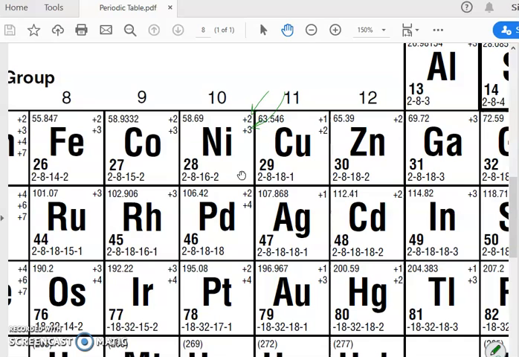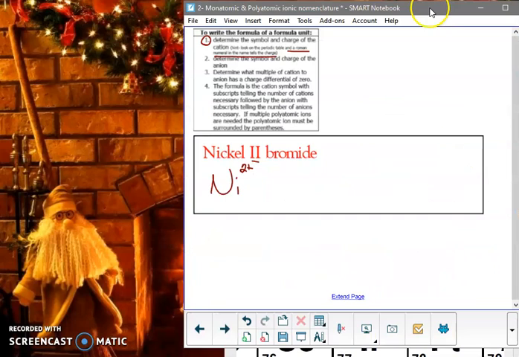Nickel has 2 different charges, and because of that, we need to identify that. The positive 2 would be Roman numeral 2. The positive 3 would be Roman numeral 3. And so that's why we see a nickel Roman numeral 2 in our name. So we're going to know that we're talking about the nickel that is the positive 2.